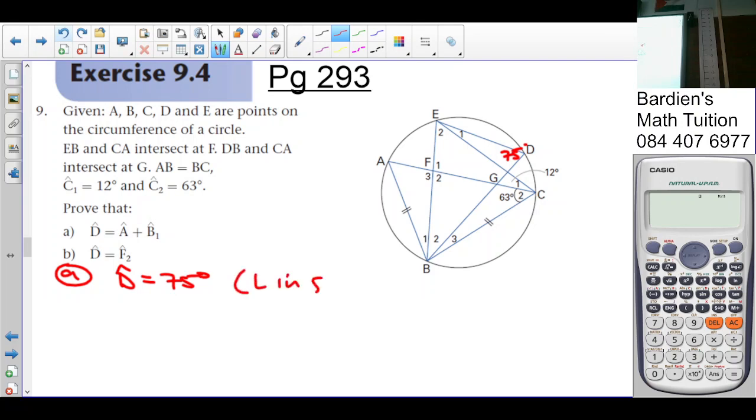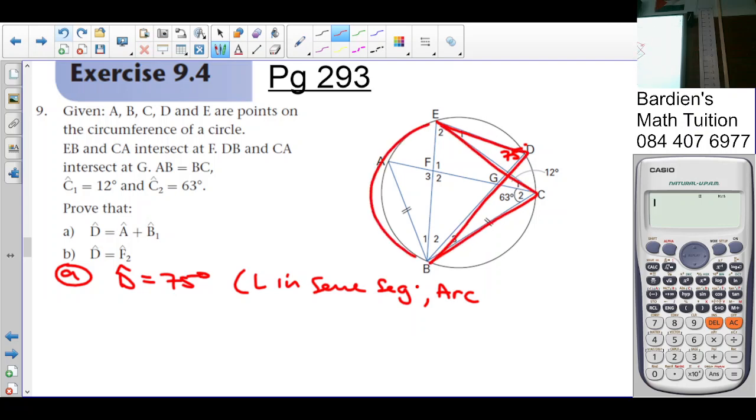Angles in the same segment, and it's coming from arc, arc what, people? EB. Yes, EB. Thank you.